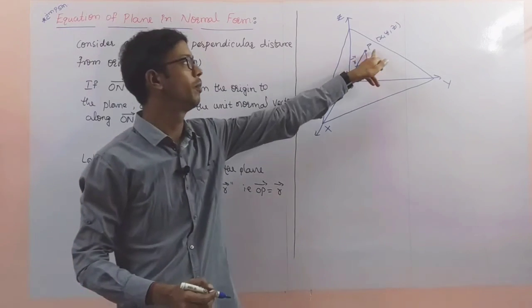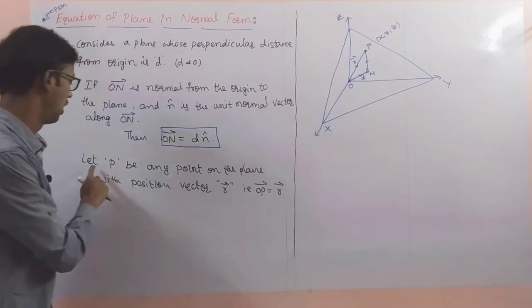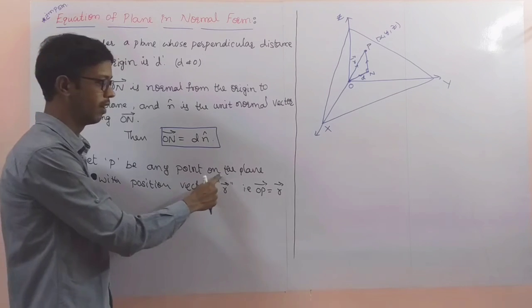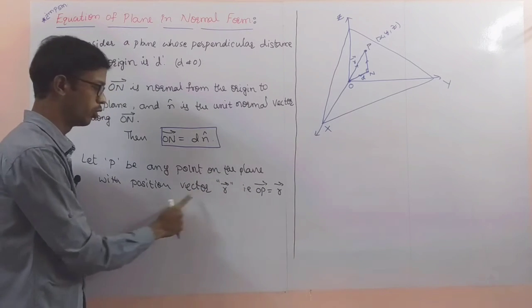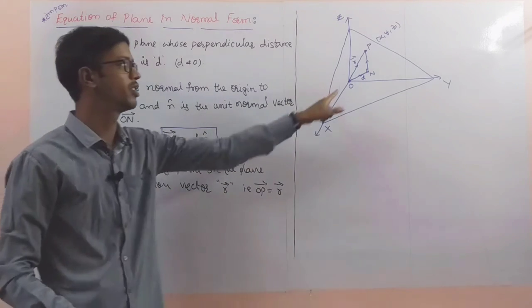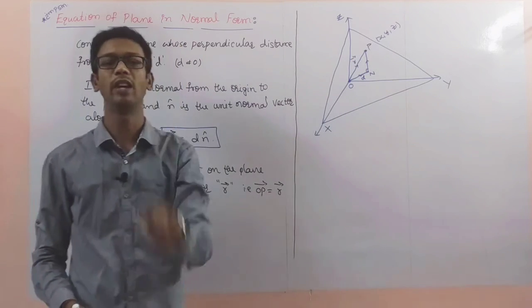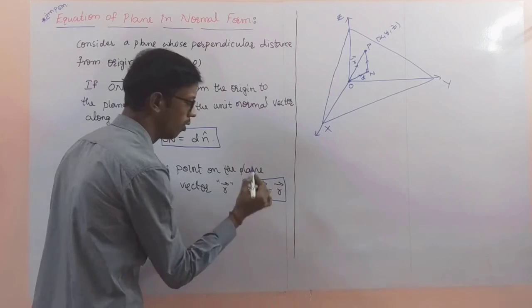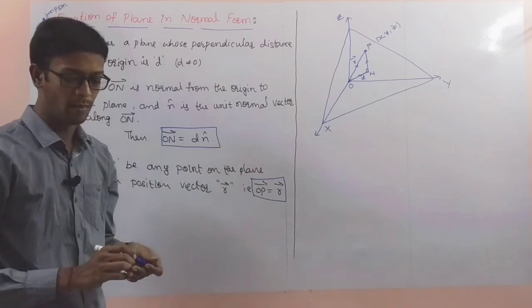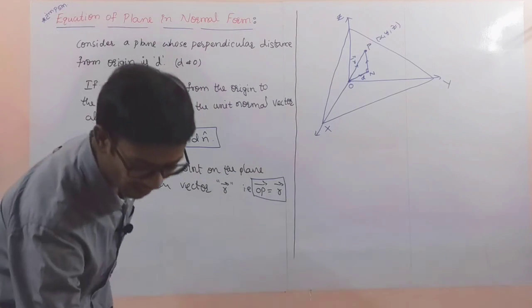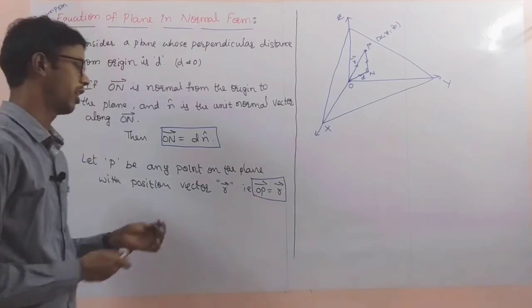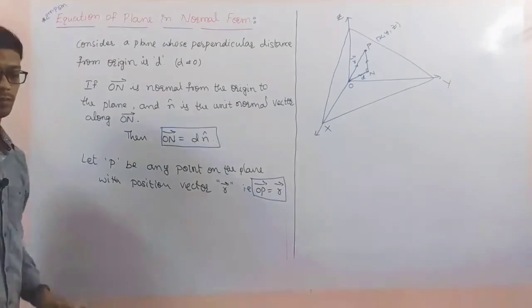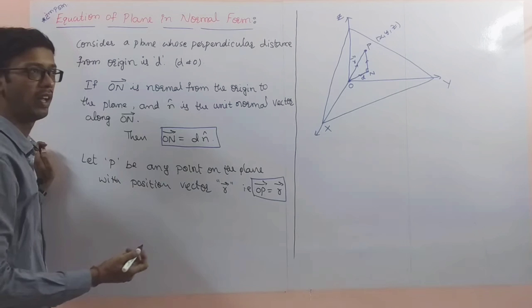Next, let P be any point on the plane with position vector r bar, that is, OP bar equals r bar. Now continue from here.